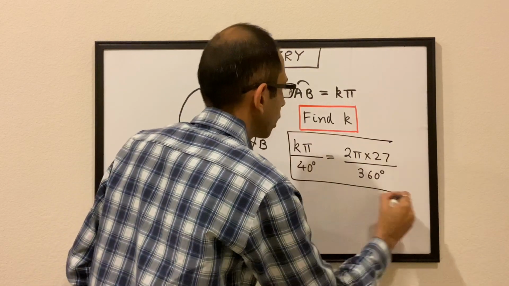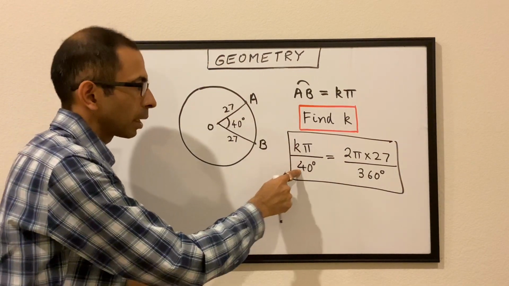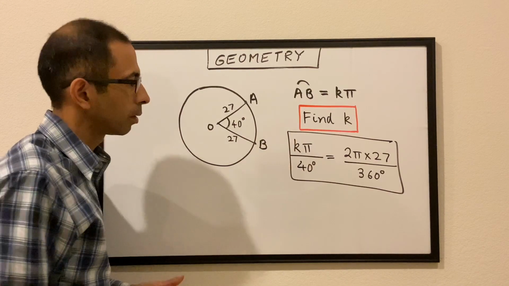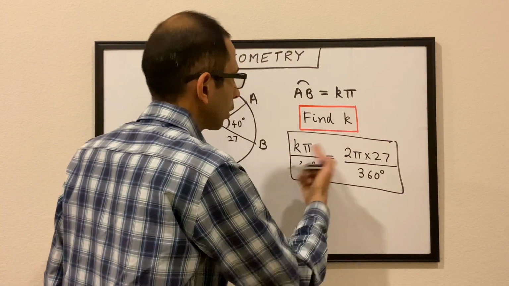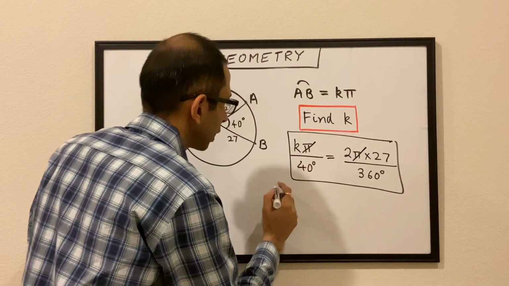So this is what we have. Partial length, partial angle, full length, full angle. And we solve this to get the value of k. Essentially, pi and pi get cancelled. We can do cross multiplication.